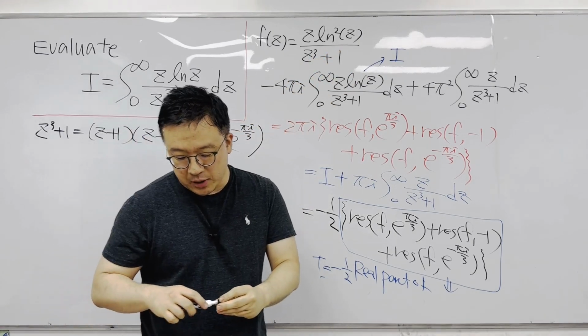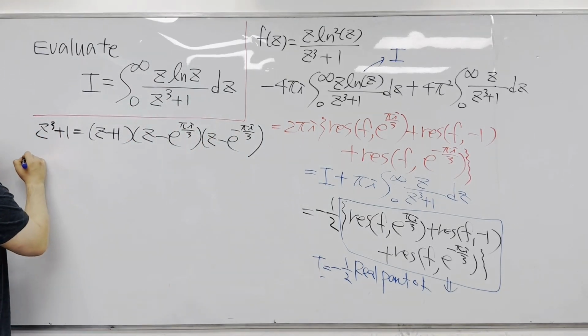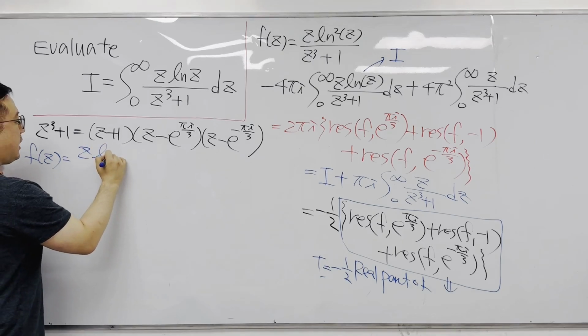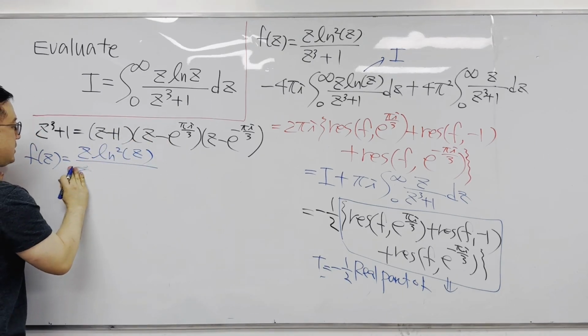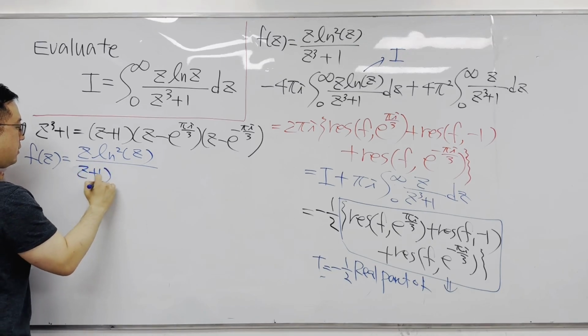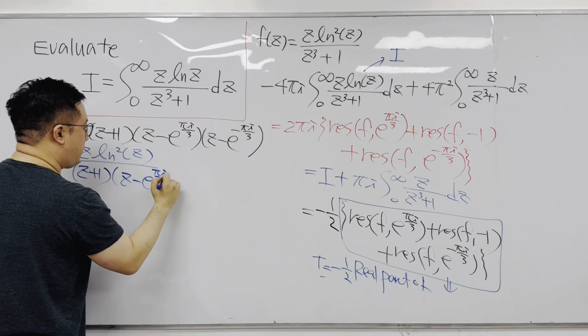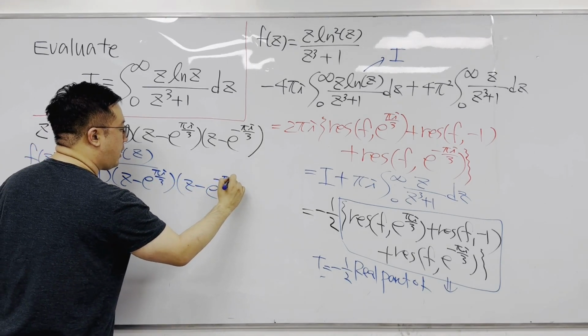So we can rewrite f of z as z times ln squared of z over this expression: z plus 1 times z minus e to the power of pi i over 3 times z minus e to the power of negative pi i over 3.